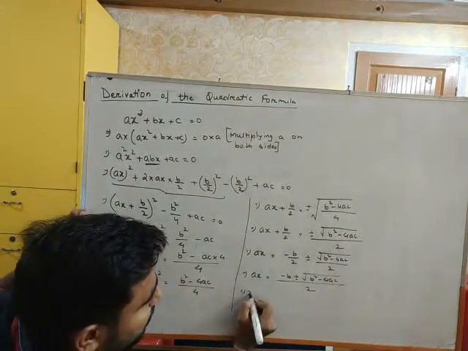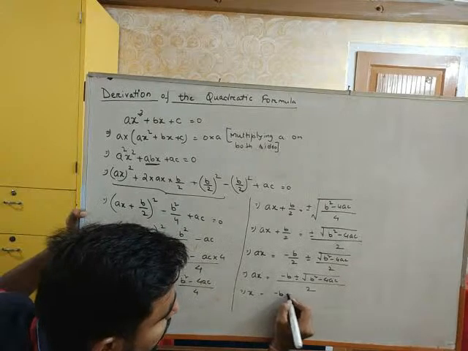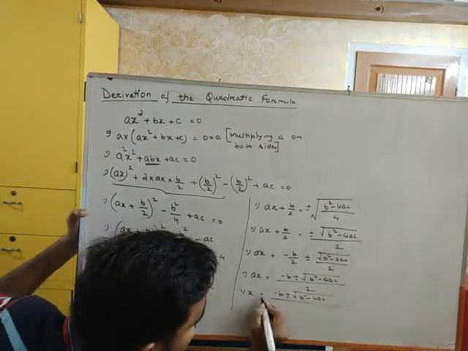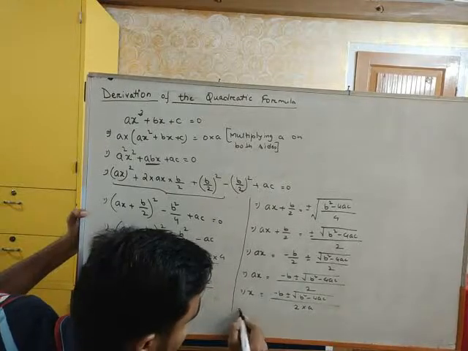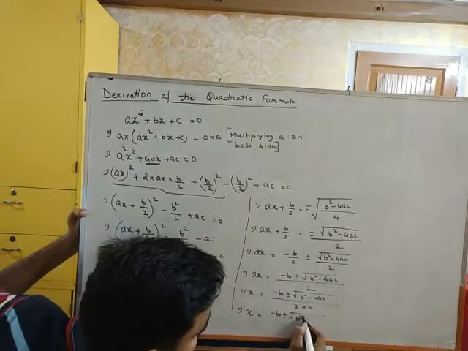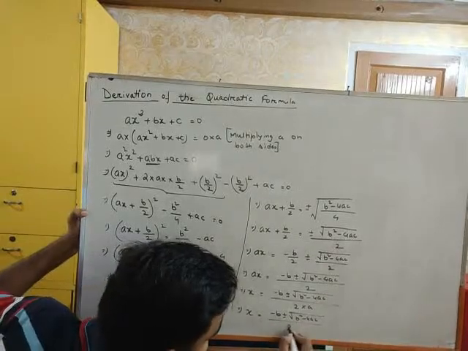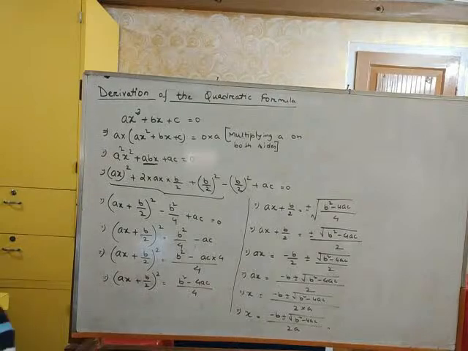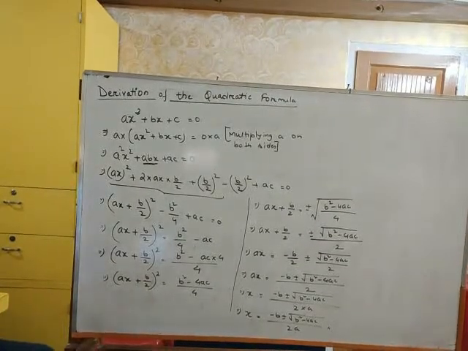Now a is getting multiplied, so on the other side it will be b square minus 4ac divided by 2 into a, which implies x is equal to minus b plus minus root of b square minus 4ac divided by twice a. So this is the quadratic formula.